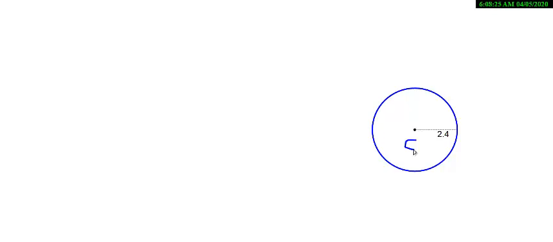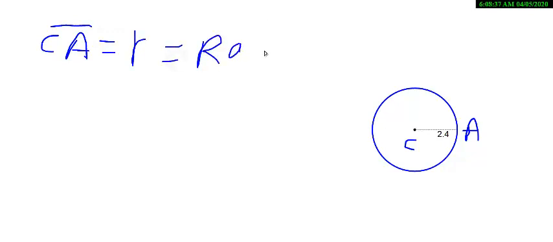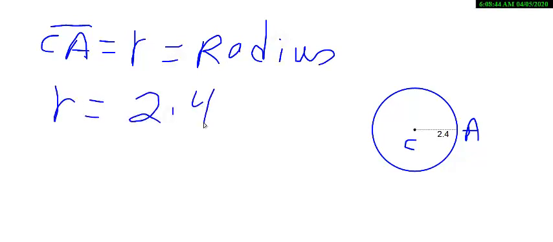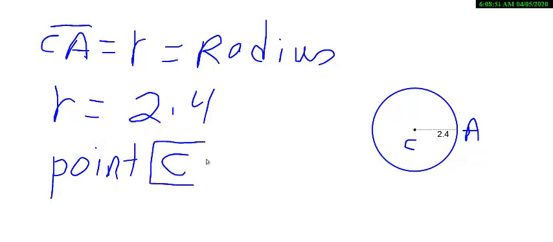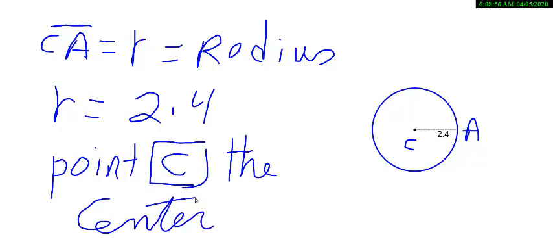So the radius r is from C to point A. So segment CA is the radius of the circle, because it's a constant distance, and r of this circle equals 2.4 centimeters, or units. And the point C is called the center of the circle.